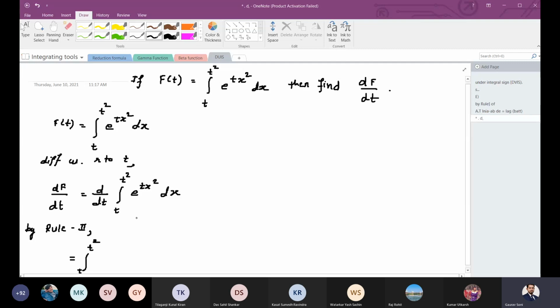So I'll write down in detail, as this is the first example of rule number 2. First, the derivative of the integrand with respect to t, dx, plus in the integrand at the place of x you put the upper limit, so that will be e to the power t into t square whole square, into derivative of upper limit, that is 2t, minus at the place of x you put the lower limit, t whole square, into derivative of lower limit, which is 1.